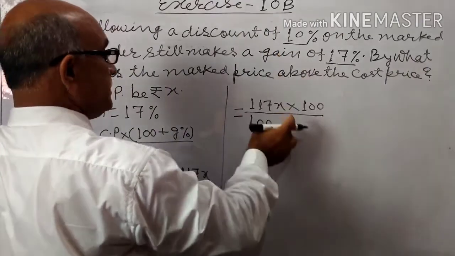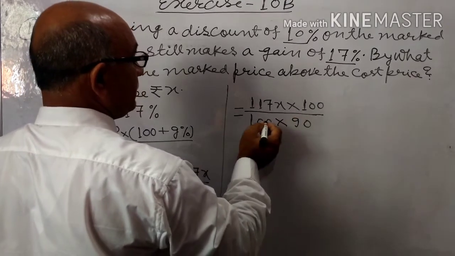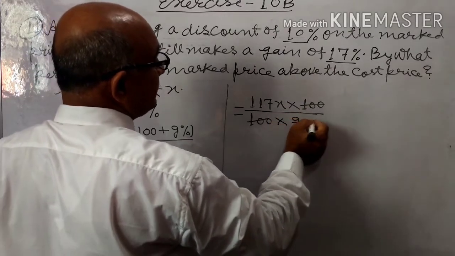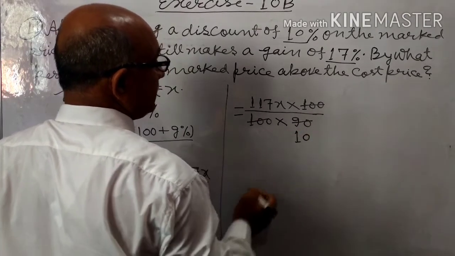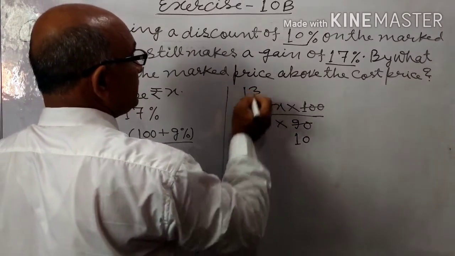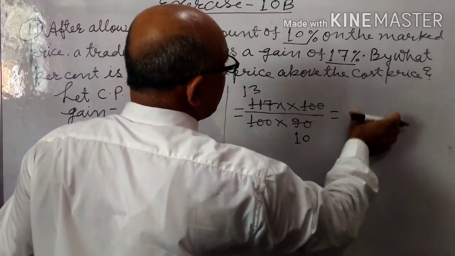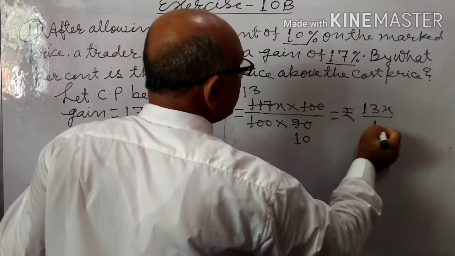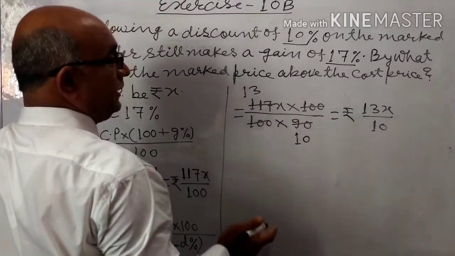Discount is 10%, so 90. 100 and 100 cancel. 9 tens are 90 and 13 nines are 117. So MP equal to rupees 13x by 10. CP is x and MP is 13x by 10.